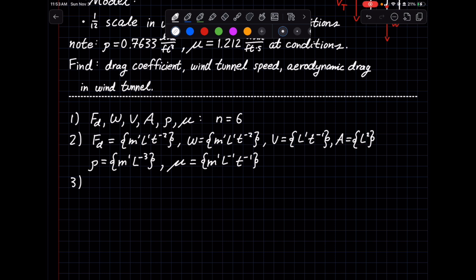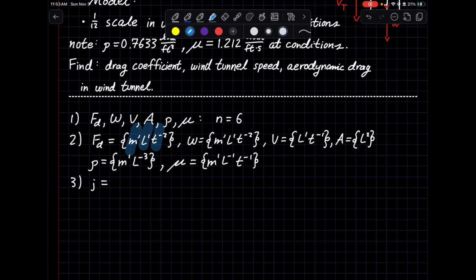Step 3, we need to set the reductions j as the amount of unique primary dimensions, and we need to find the number of expected pi's. So what all of that means is we have some value called j, and j is just counting how many unique primary dimensions we have. So we have 1, 2, 3, and we don't have any more unique ones.